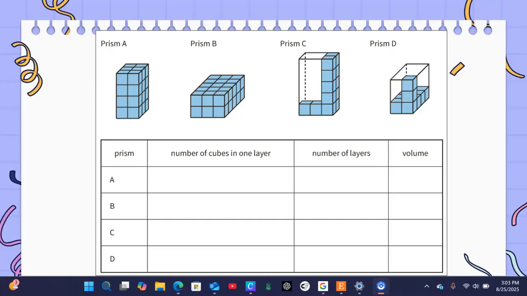All right, so we have the top of prism A, we have 2, 4, 6. Hold on, let's write that again. So we have 6 at the top, and basically how many layers would that be? That would be 1, 2, 3, 4.